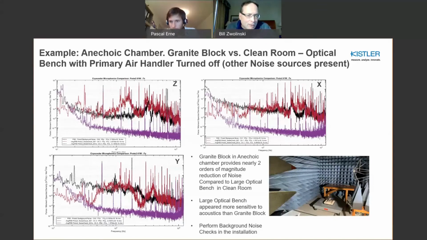In this case, by the way, what was interesting, even though the anechoic chamber setup was much better, the actual test didn't require that low of a noise floor, and it was more than adequate to do the test in the clean room with these conditions, where this black curve was actually a reference curve from another customer.